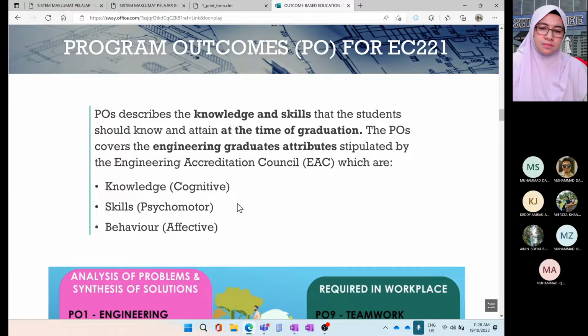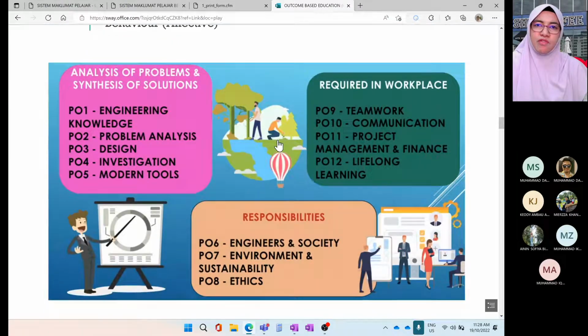So we have 12 POs. 4 POs belong to cognitive, which is PO1 until PO4, and then PO5 is psychomotor. PO6 to PO12 belong to the affective domain.